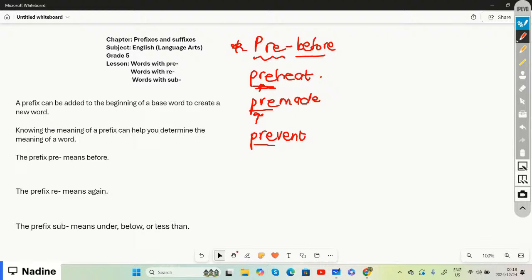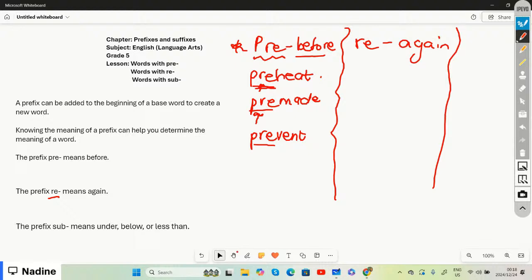All right. Now we have another prefix, and the next prefix is re. And this prefix re, I'm going to do this. Re, it means again. If I were to say, oh, I couldn't hear you, please resend that voice note.